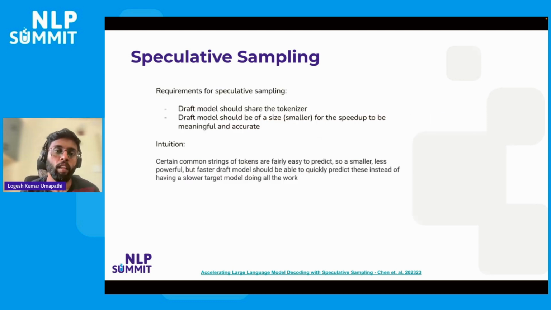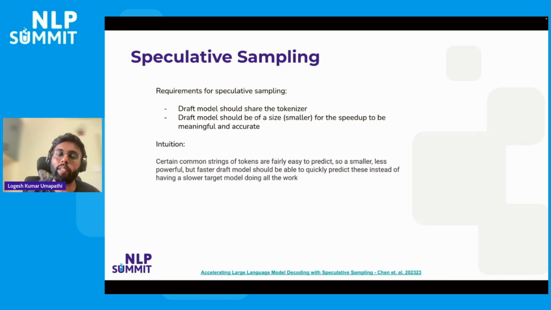The requirements for a speculative sampling setup are that we should have a draft model which has the same tokenizer, so that whatever is suggested by the draft model is relevant for the target model as well. The draft model should also be of a smaller size, so that its autoregressive generation is a lot faster than the target model.